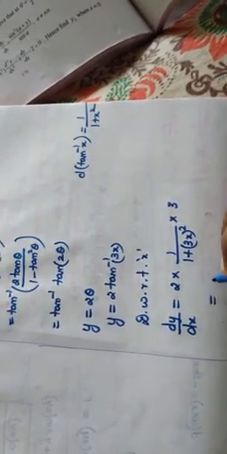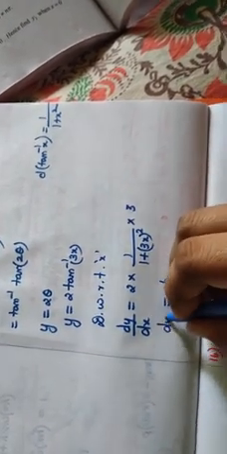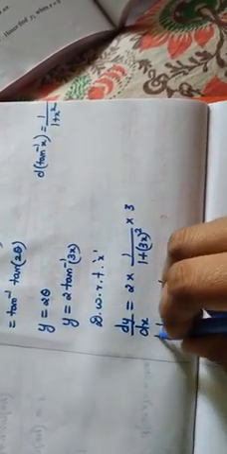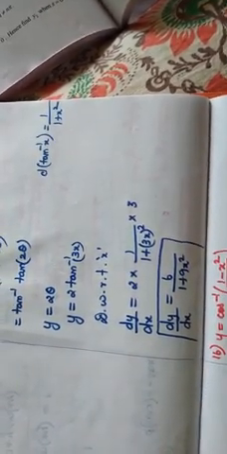So which is equal to 2 threes are 6 divided by 1 plus 9x squared. So dy by dx is equal to 6 divided by 1 plus 9x squared.